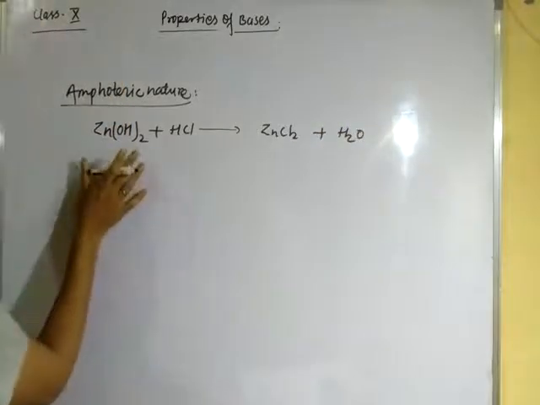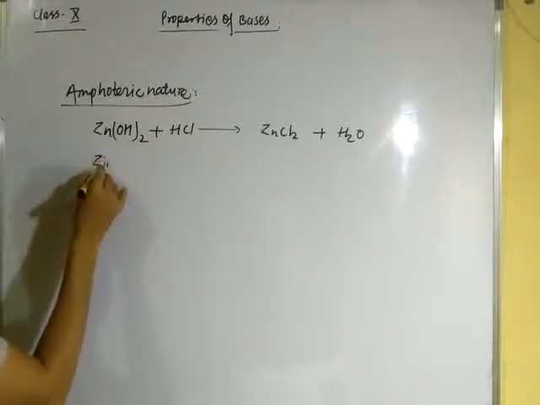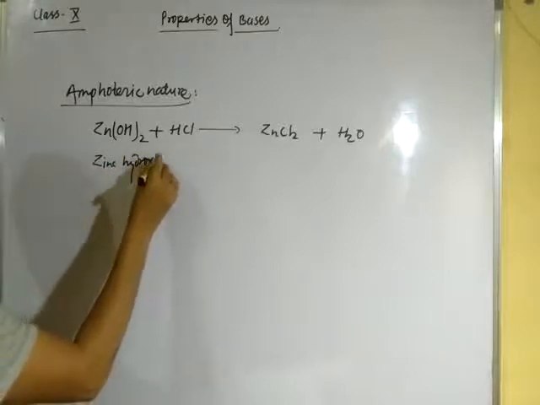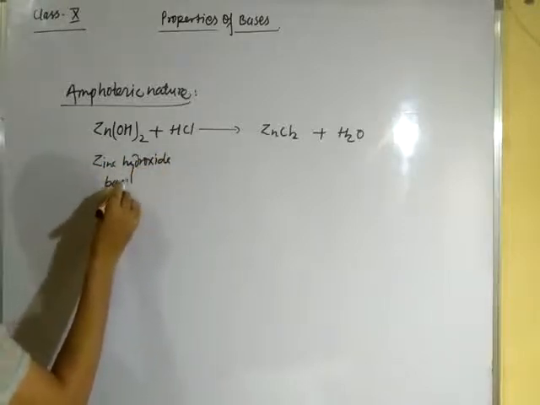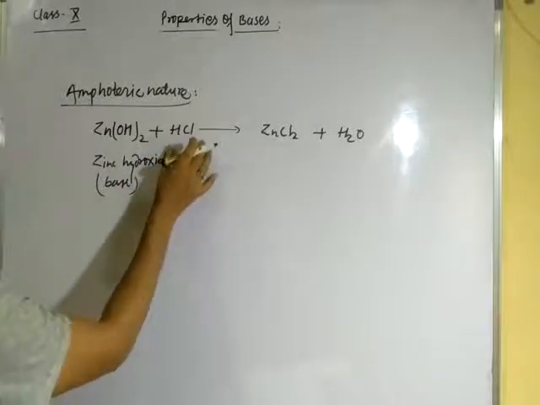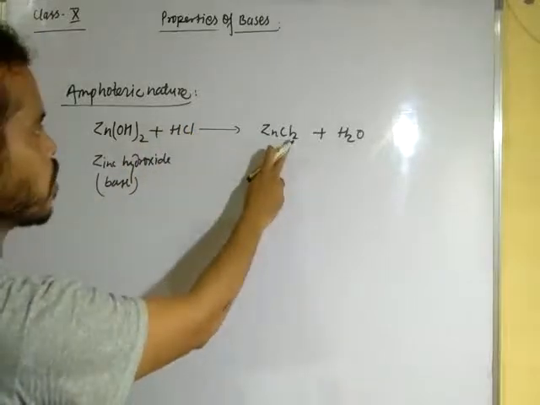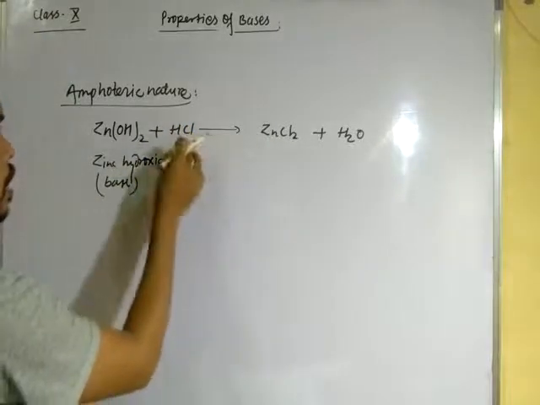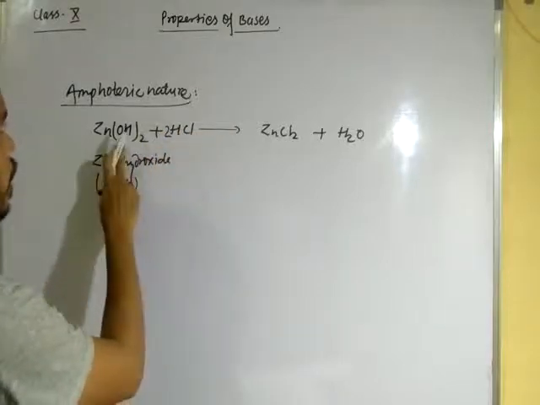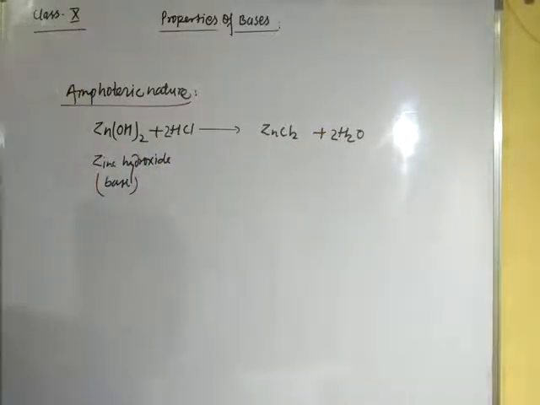Here zinc hydroxide acts as a base, and hydrochloric acid, you know already, is an acid. There are 2 chlorines in zinc chloride, so to balance the chlorine atoms multiply HCl with 2, and water also with 2. This reaction is balanced.